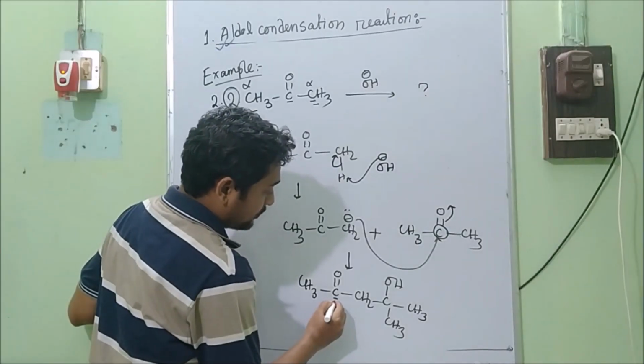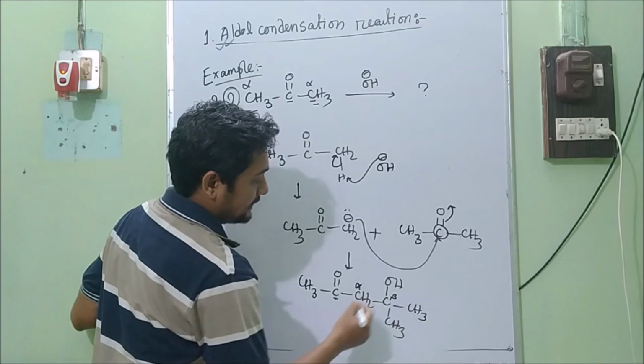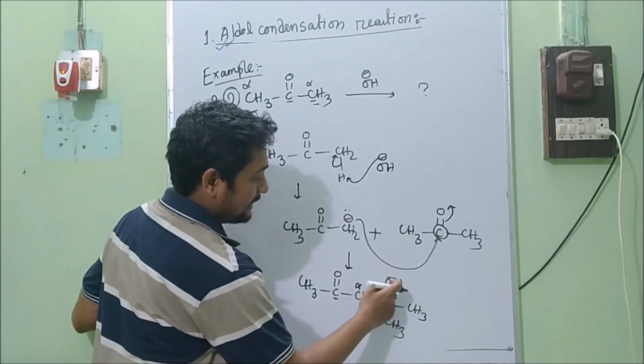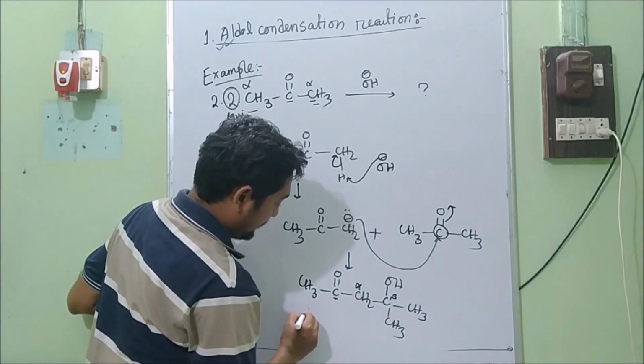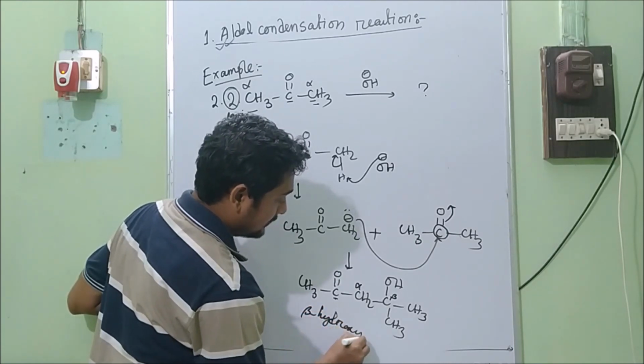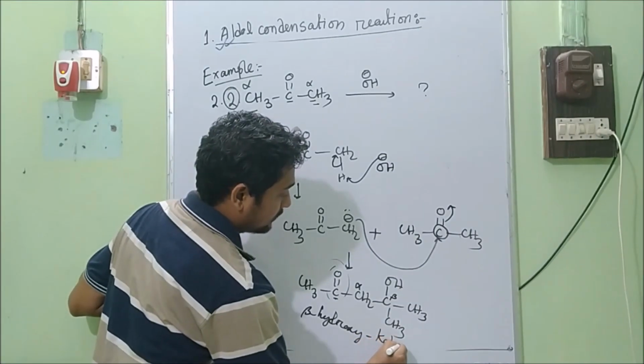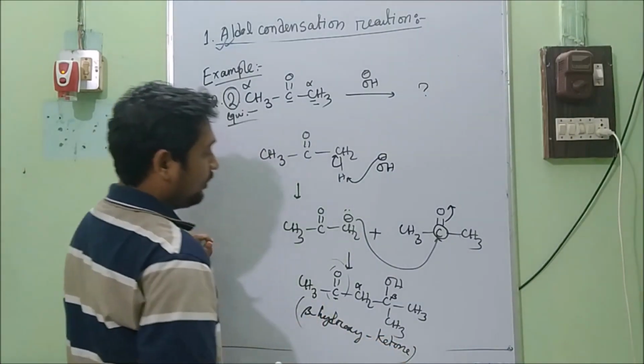With respect to this carbonyl group, this is alpha, this is beta. So at beta there is a hydroxy, so we call it beta hydroxy, and this is a ketone, not an aldehyde. Beta hydroxy ketone compound.